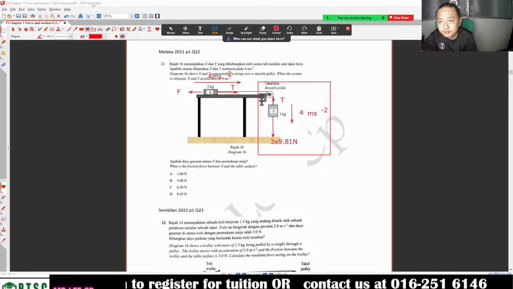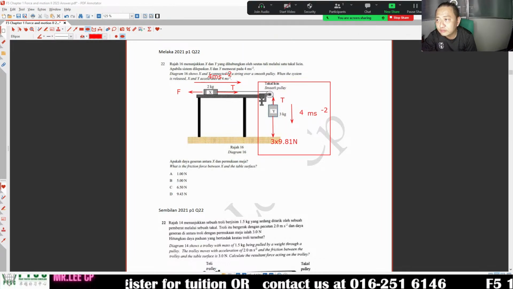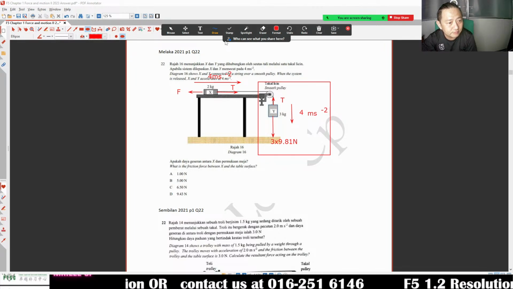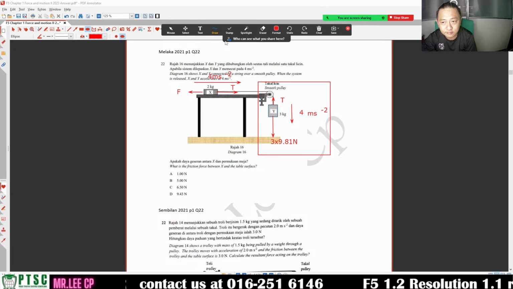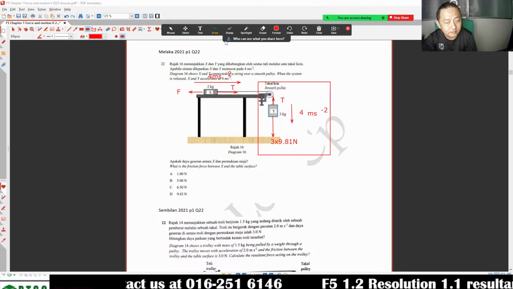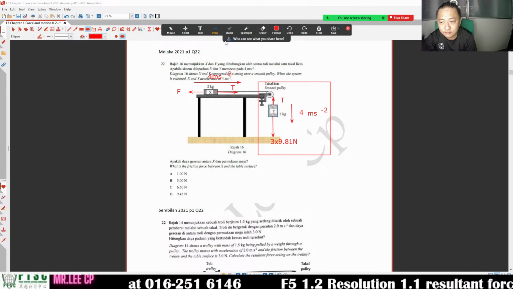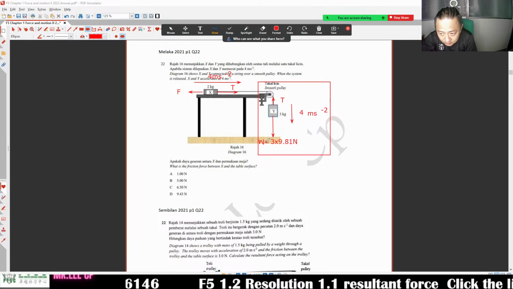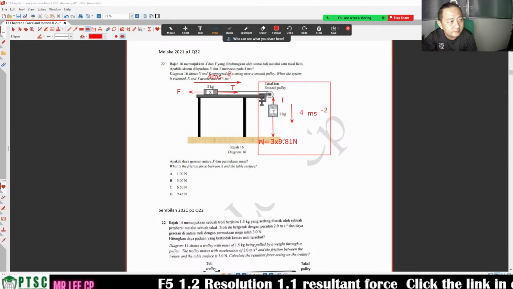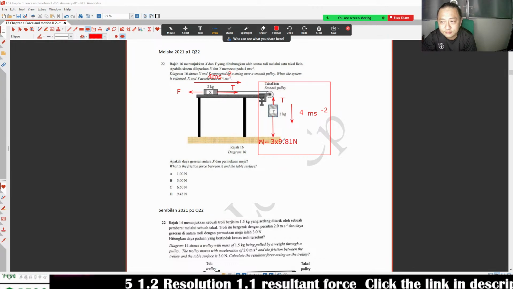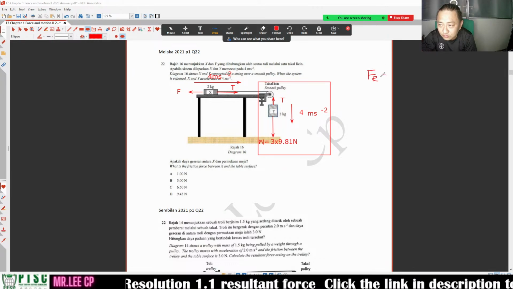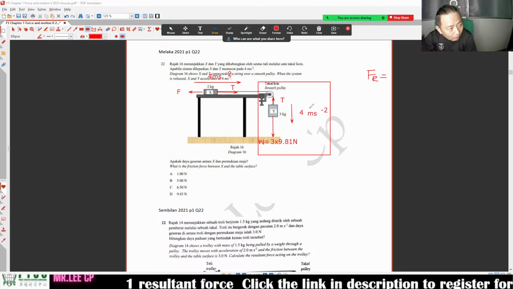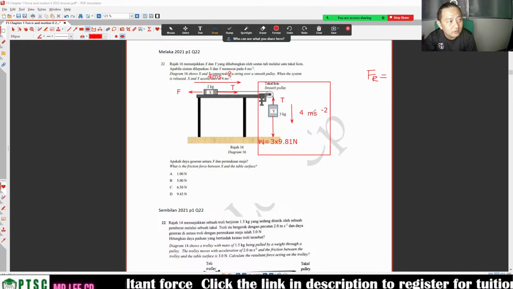How much is the T? Write the equation for me. This is W. The resultant force for this situation is going downward with acceleration 4.